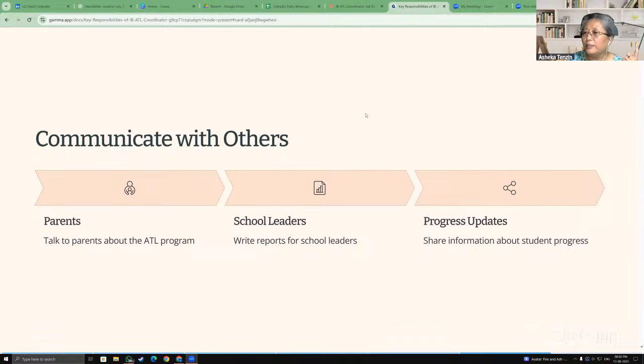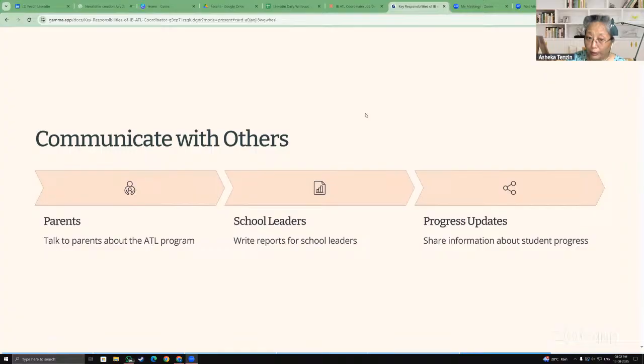It is different in the sense that it teaches students skills. We know that content you can get and learn from different sources, but it is the skills that are necessary to be developed in our students, right? To make them ready for future work, which we don't know what it will be. So you will have to talk to the parents about the ATL skills program.